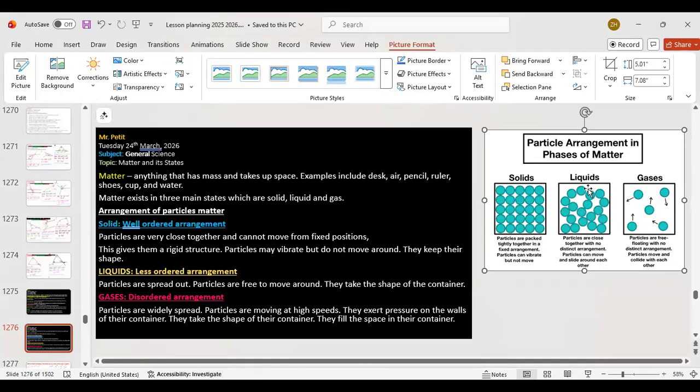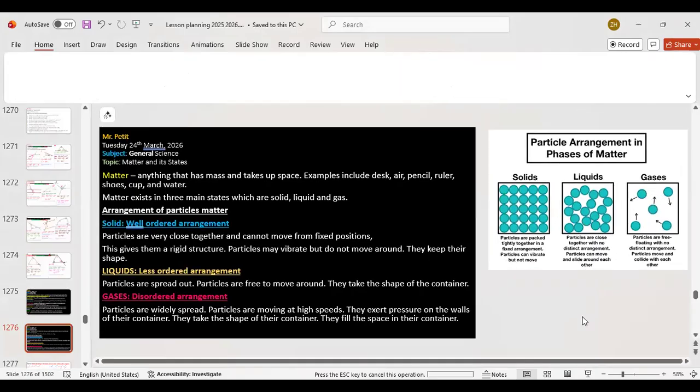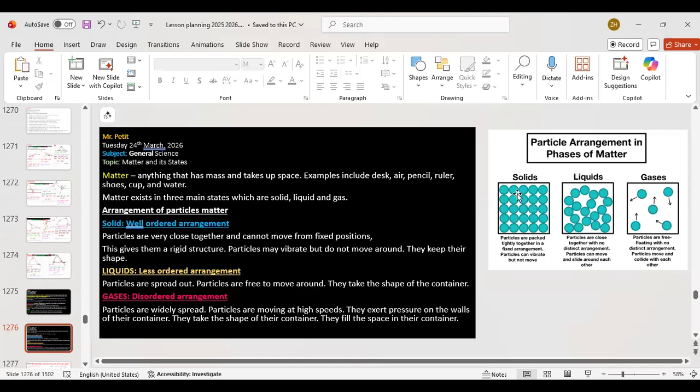The liquids, they are a little loose, less ordered arrangement, but the gases, they have a lot of free space. So this is how you can determine which one is solid, liquid, and gas. The solid is more tightly arranged. The liquids have a little space in between them, but still a little close. But the gases, they move about, they're widely spread.